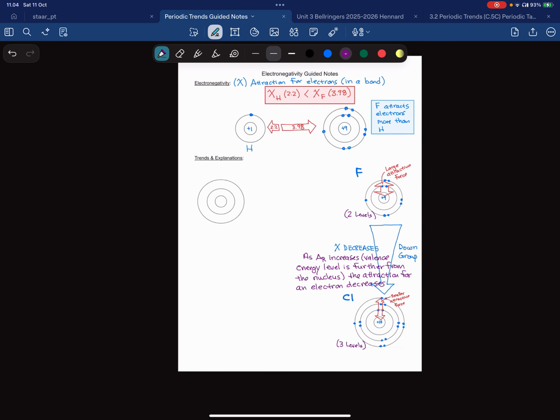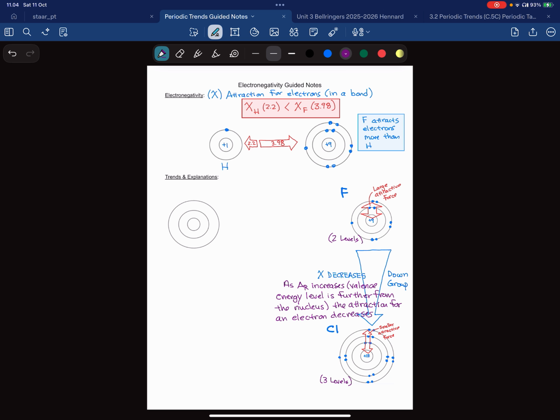And that is how electronegativity works down a group.